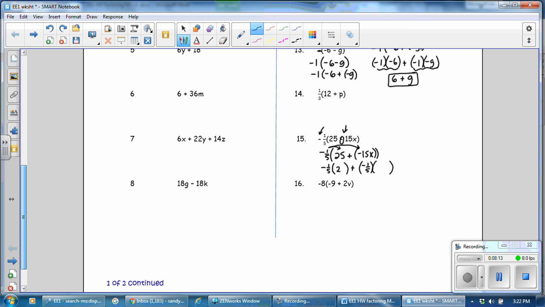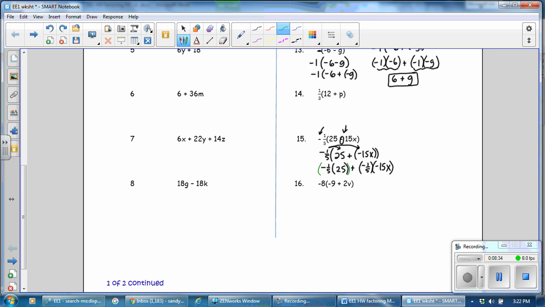The first term is 25. The second term is -15x. Now I can simplify that. Right here, -1/5 times 25. A fifth of 25 is 5, and a negative times a positive is a negative.